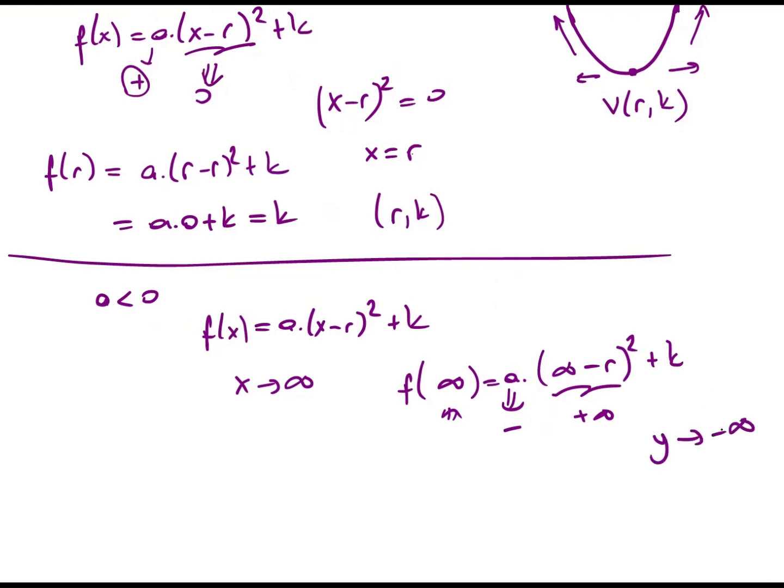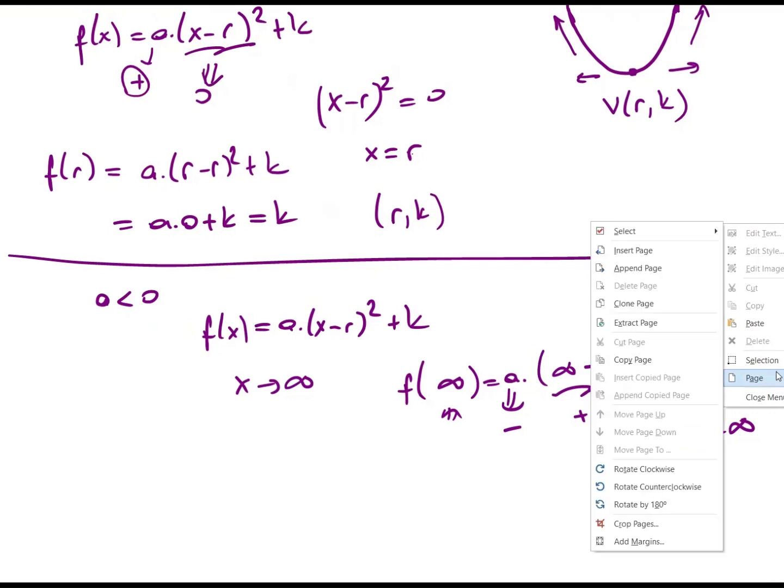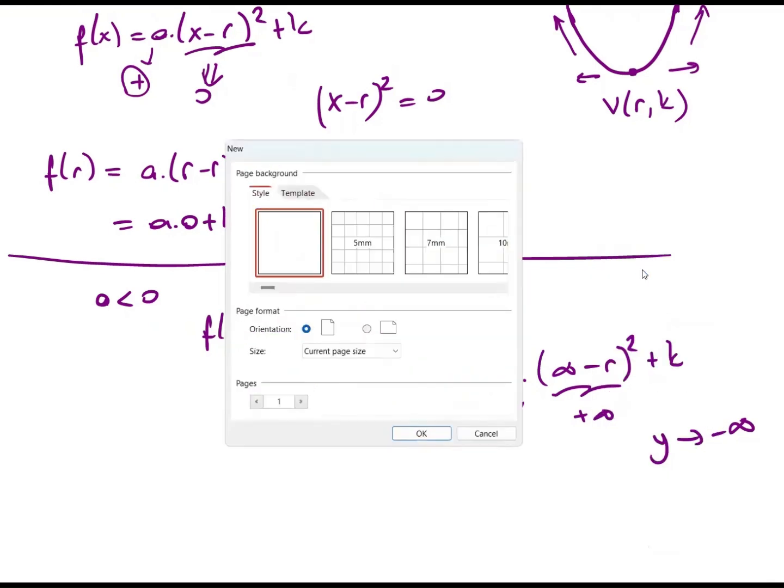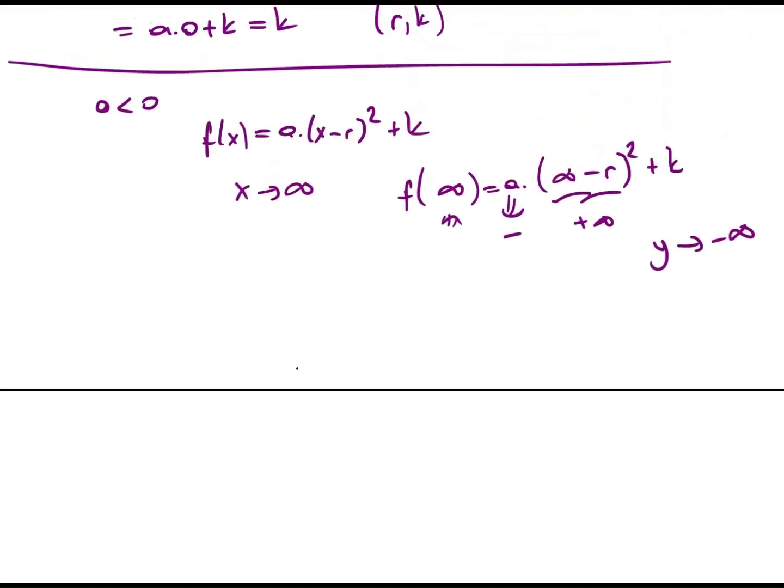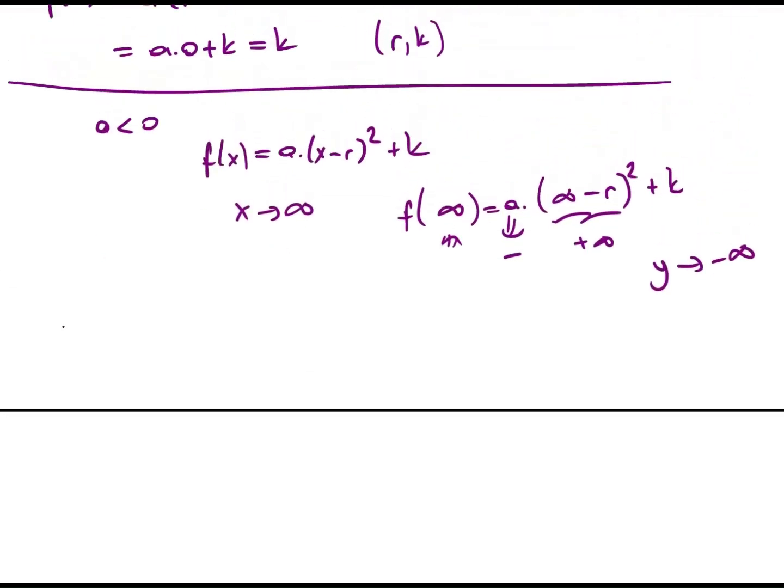Yeah. Let me open another page. Yeah. So if x approaches to minus infinity, and we again substitute a really big, number which goes minus infinity, in this case, a times minus infinity minus r squared plus k.